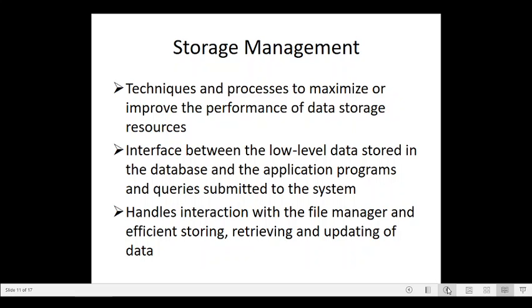It basically handles the interaction with the file manager and the efficient storing, retrieving and updating of data. So storage management acts as an interface between the data stored in the database and the query processing software.